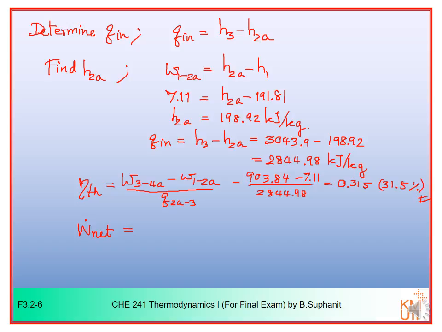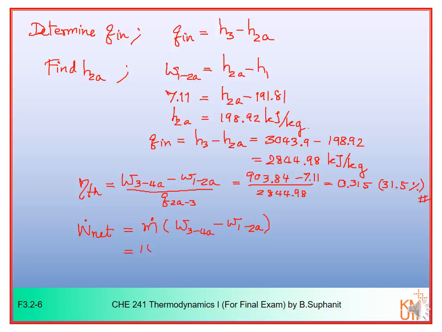So W net will be equal to mass flow rate m dot multiplied by the turbine work W34A minus pumping work W12A. Now you can substitute all the values.